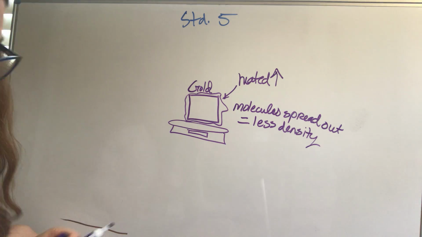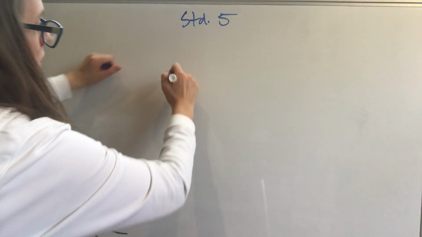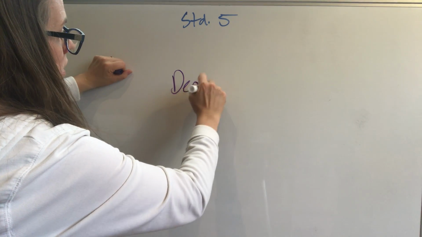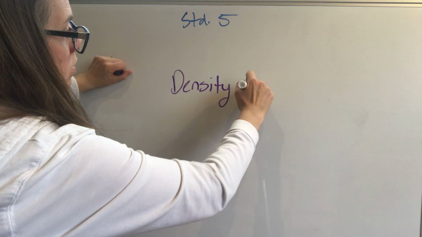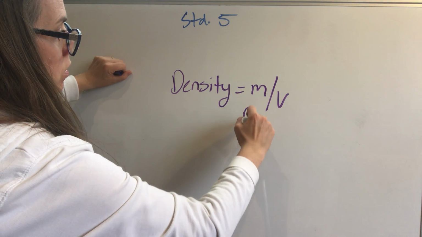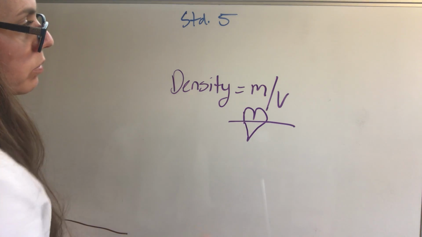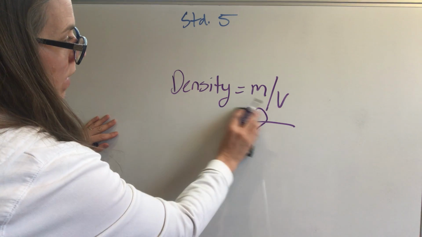And okay, so you need to remember that density equals mass over volume. I think you could do this. You draw this like a heart and go like that. That's how you remember that it's mass over volume.